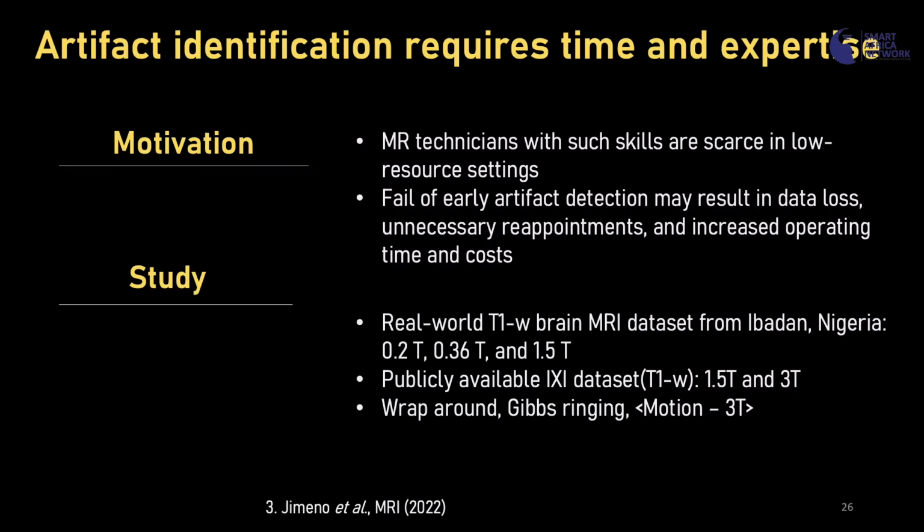What we did in the lab was to collaborate with Godwin and look at data from 0.2T, 0.360, and 1.5T, trained a couple of models to identify wraparound and Gibbs ringing, which were the most commonly identified artifacts in the dataset at 0.2T and 0.360. We also developed models for motion, but mostly at 3T, and asked the question whether it can explainably identify hotspots where the artifacts occurred.